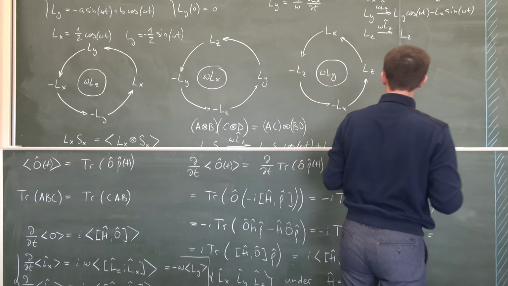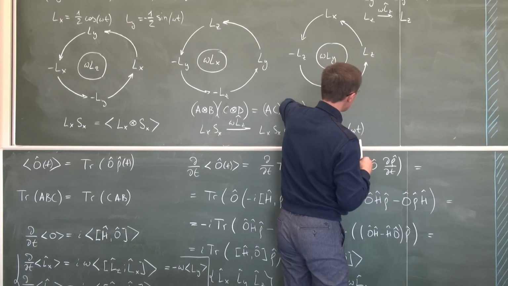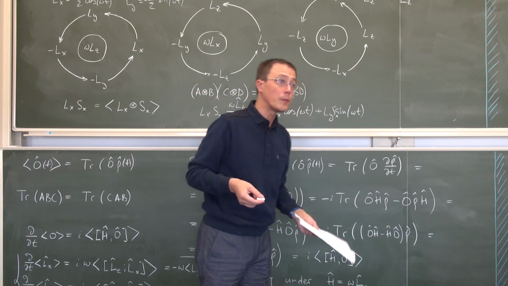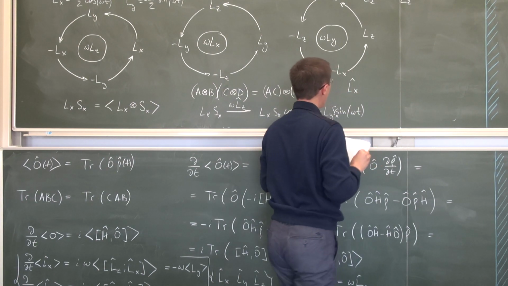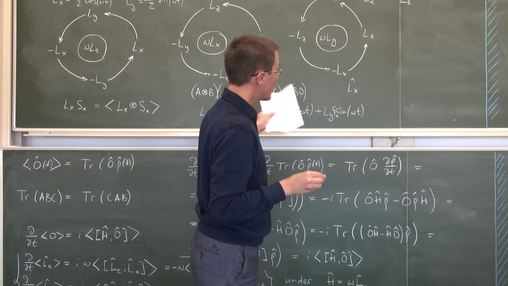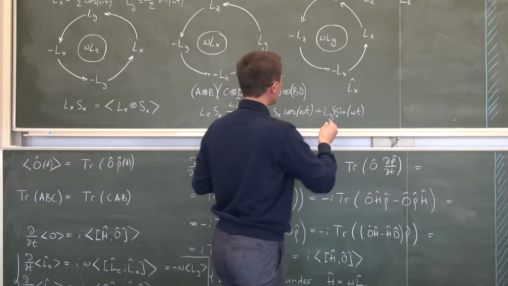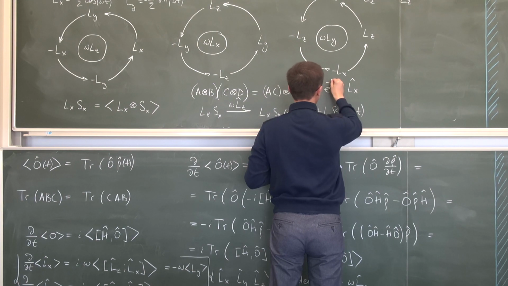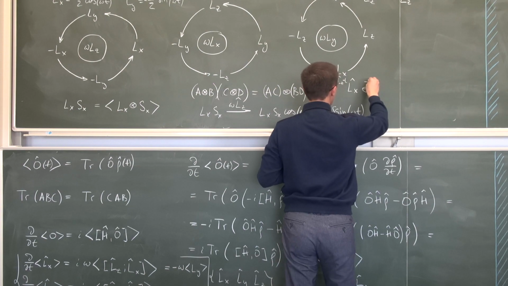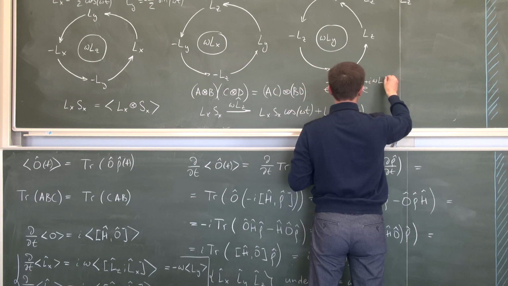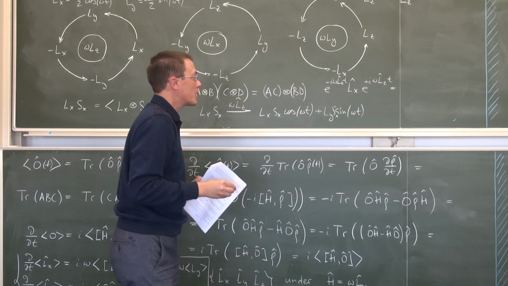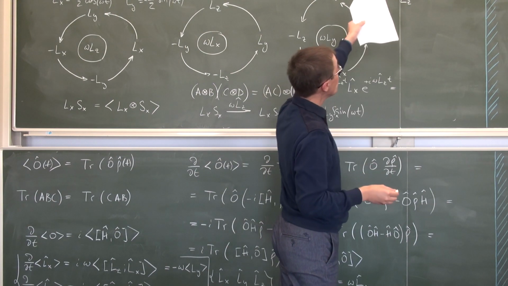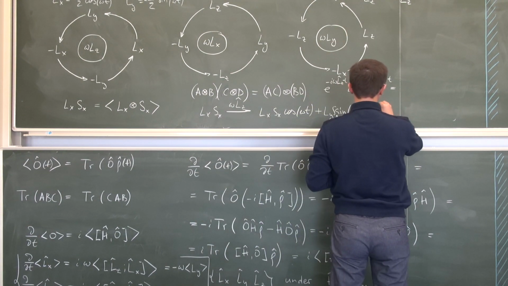So I will rewrite, for example, the first equation there. Remember what happened when we solved the Liouville-von Neumann equation. So if we had the Lx operator, that was our initial density matrix. Then we had two matrix exponentials on either side. It was e to the minus i omega Lz t, and then e to the plus i omega Lz t. And if you work through all of the commutators that this entails, you will get exactly the same relation, but with the operator.